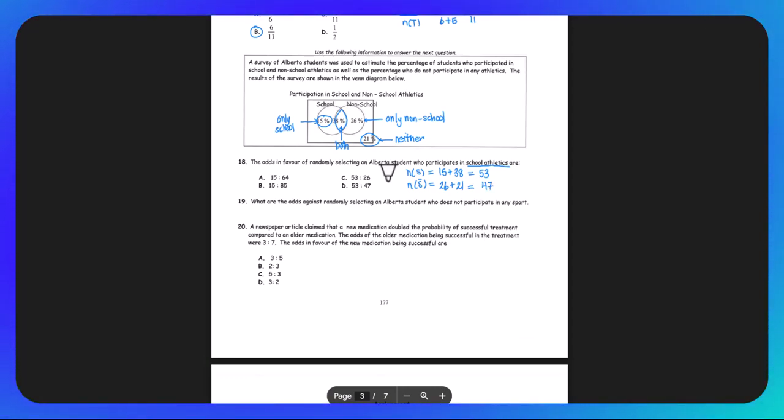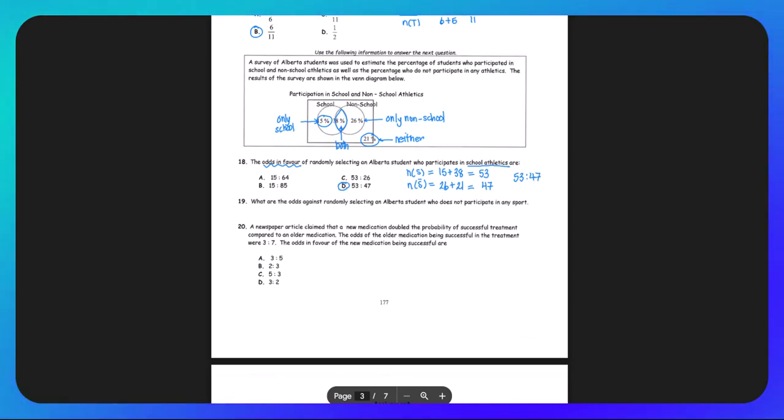So what are the odds in favor? The odds in favor would be 53 to 47, and that would be D. All right, let's look at number 19, so close to the end.